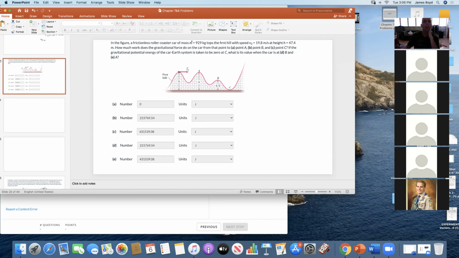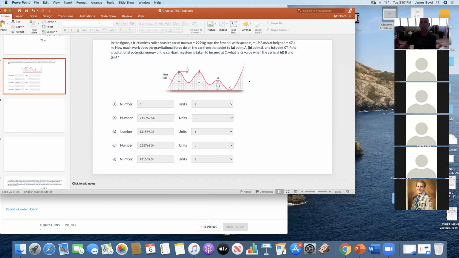Well, we say that at A and at B and at C, it's got a certain energy. You can see that this thing's got a mass of 929 kilograms at H, which is technically A. Where it's at here in A are exactly the same. So we're just going to say that it's at A and forget about this whole stuff. At A, it has a velocity of 19.8 meters per second. It's at a height of 47.4 meters.